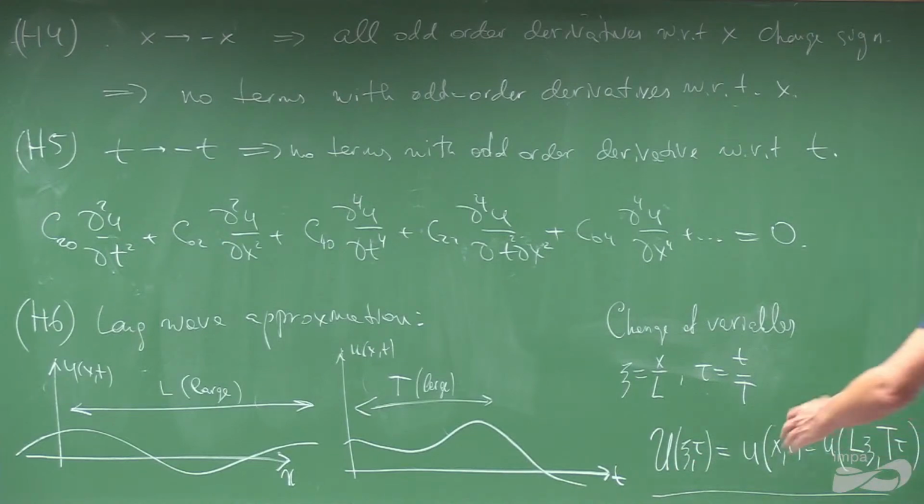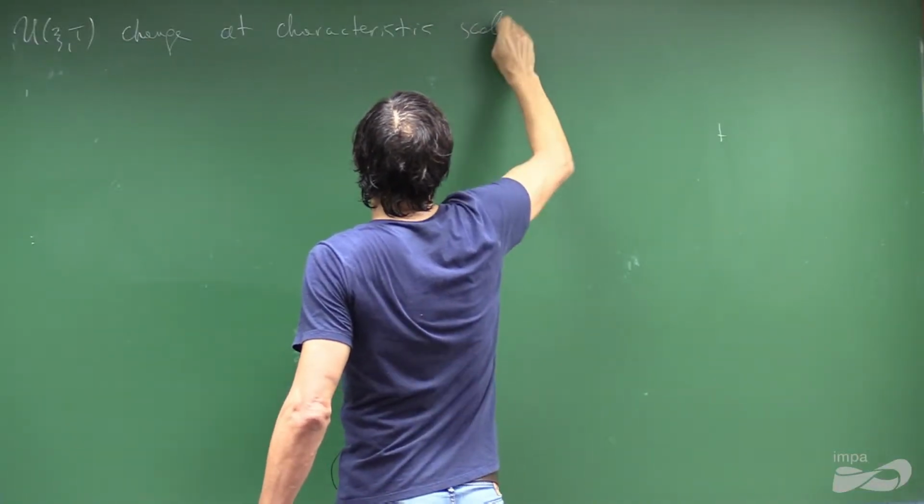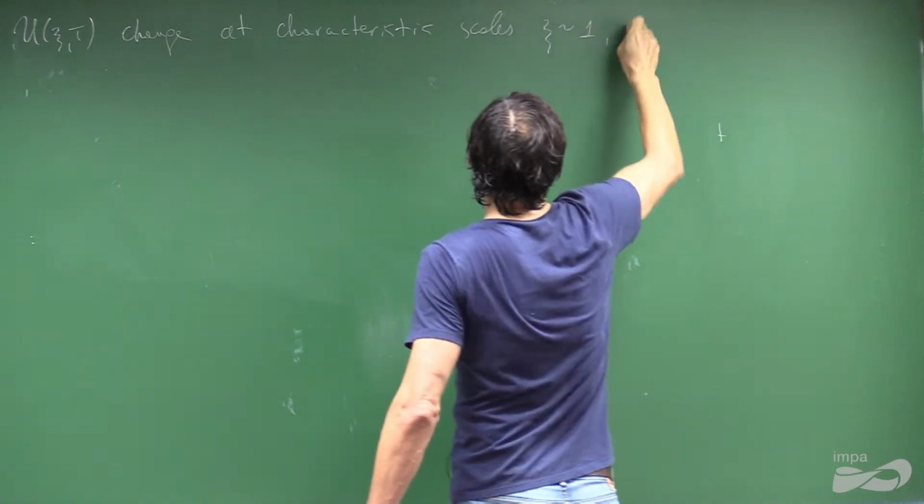So what do you gain by this change of variables? Now U changes at characteristic scales, which is 1.